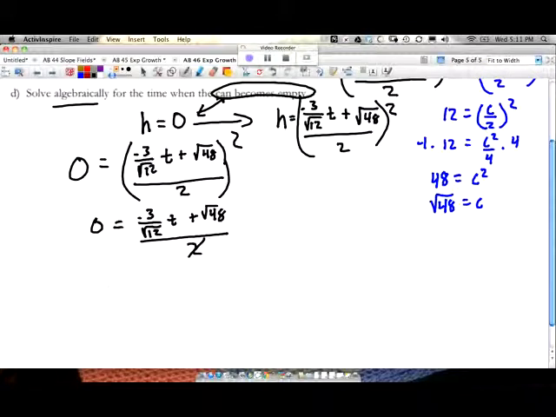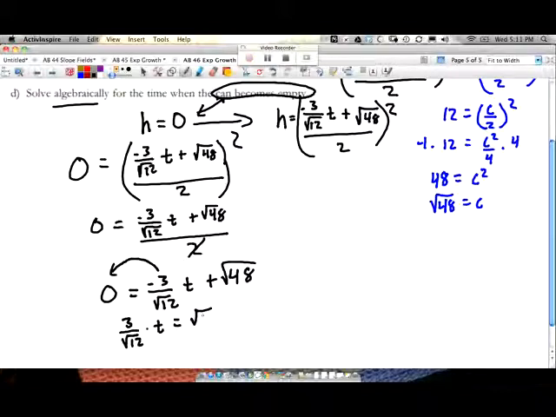Let's multiply both sides by 2, and then I still get 0 equals negative 3 over square root of 12 times t plus square root of 48. I'm going to move this first term over. That'll give me 3 over square root of 12 times t equals square root of 48.